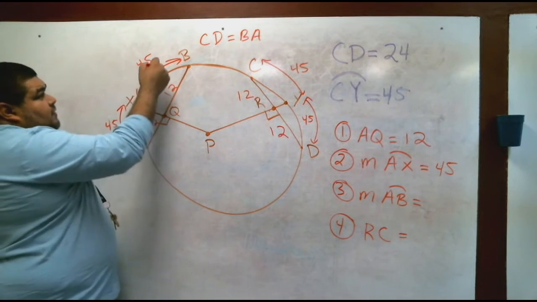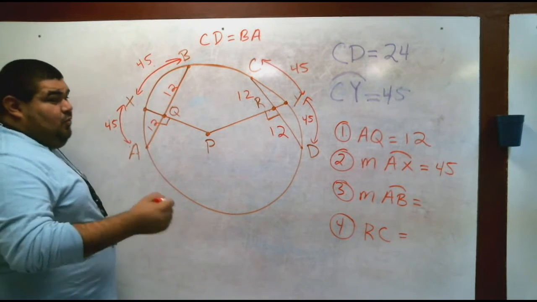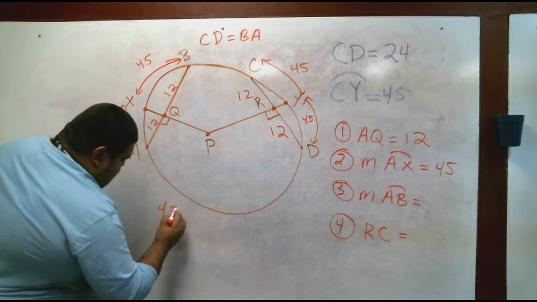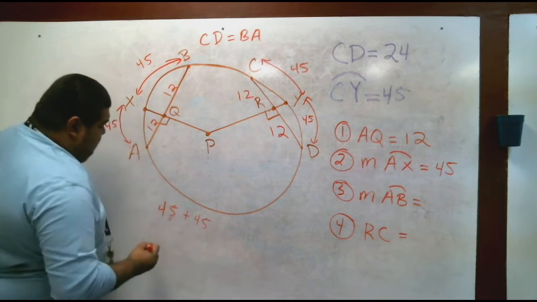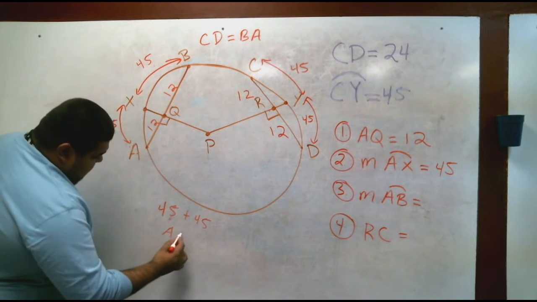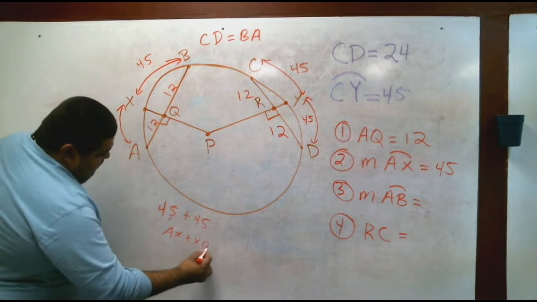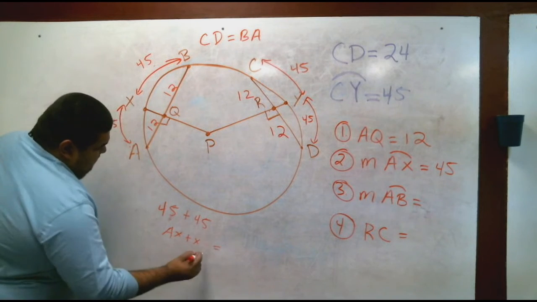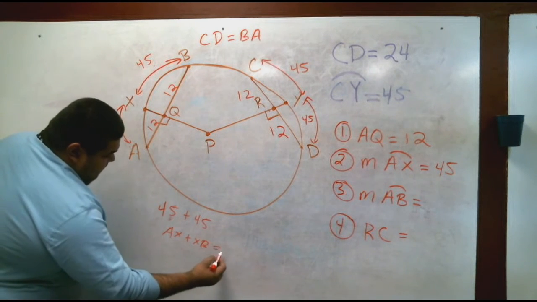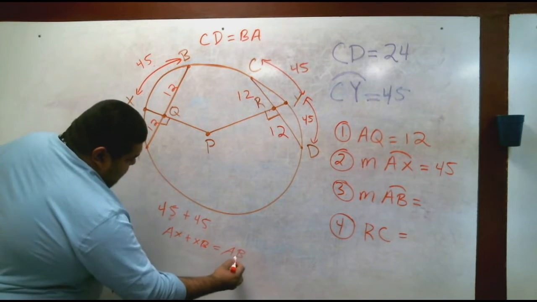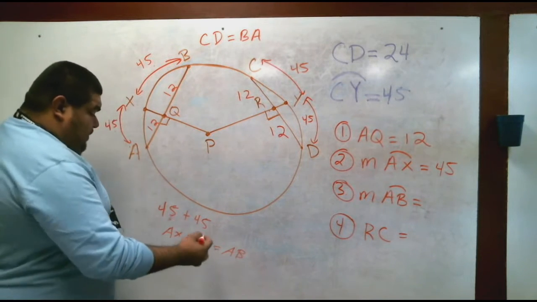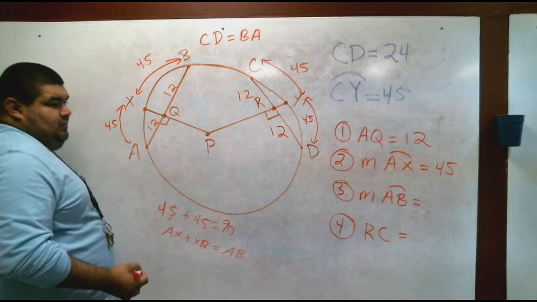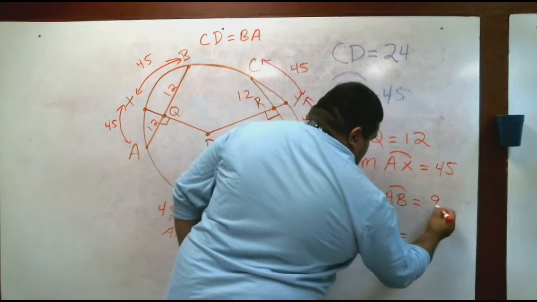We have 45 and a 45, okay? So we're gonna combine it. We're gonna add 45 plus 45 because we're gonna add AX plus XB to give us AB, okay? Therefore, 45 plus 45 equals 90. So therefore, 90.